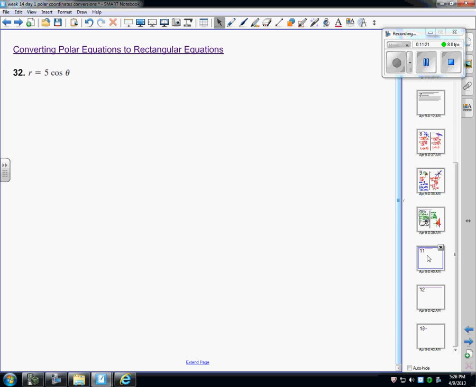Convert now from polar to rectangular. Okay, so now this is a case where I know that x equals r cosine theta, but I don't have an r with the cosine. And r is pointless unless I say r squared is x squared plus y squared.